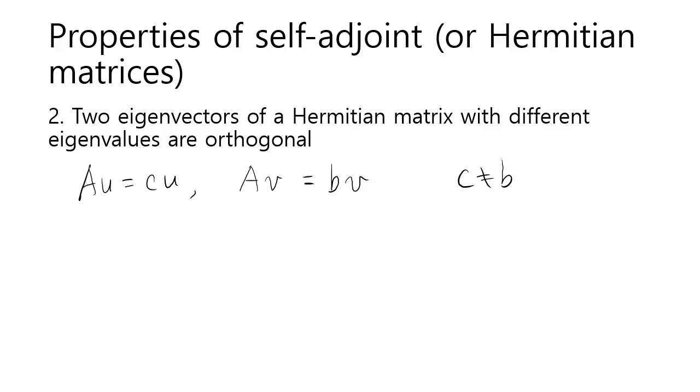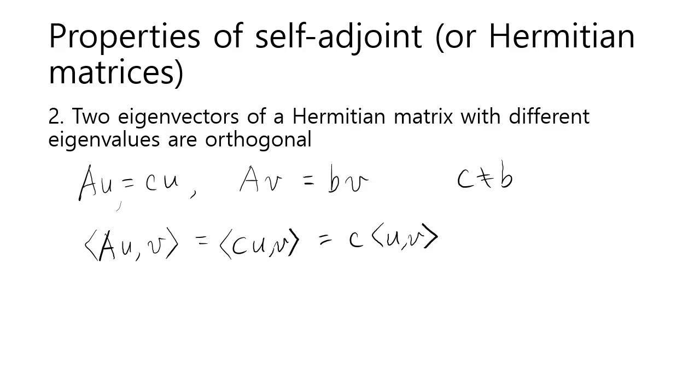Now, in that case, think about the following. If I have AU, V, I calculate it one way because we know that AU is the same as CU, and then C can be brought outside.